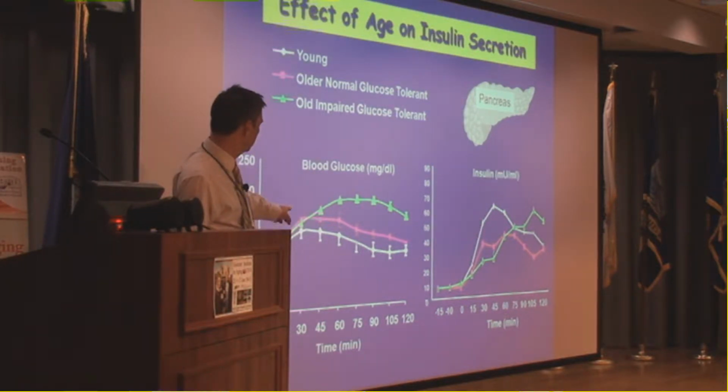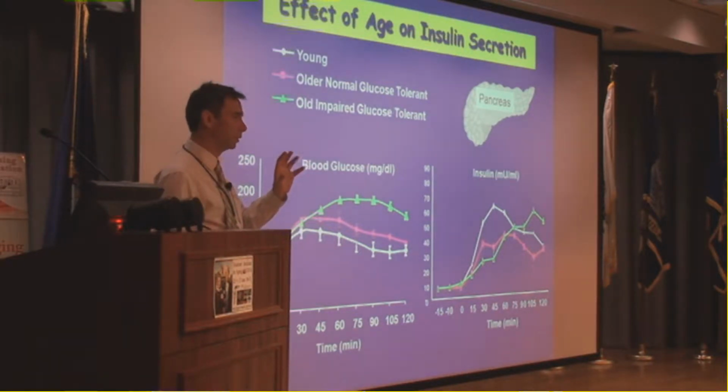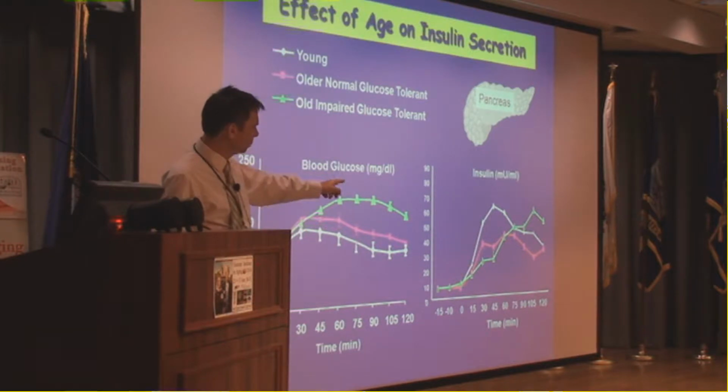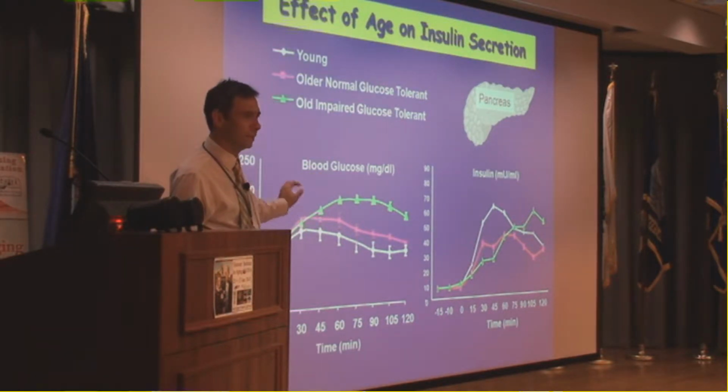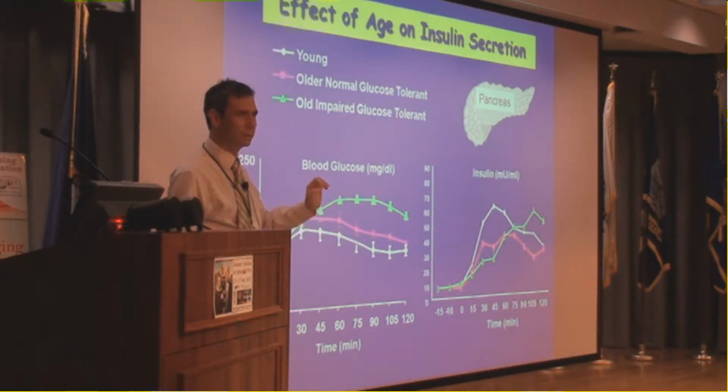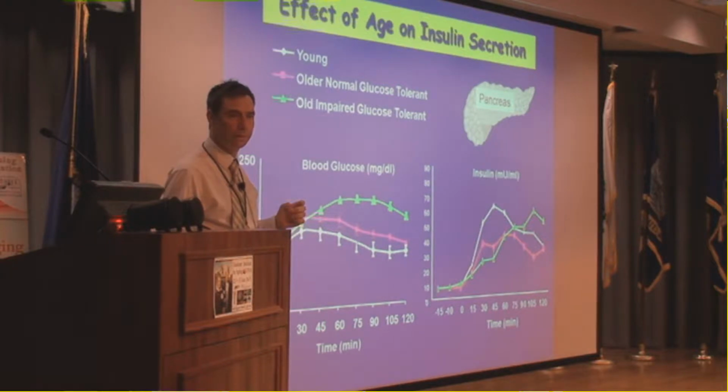So you can see the glucose obviously starts to rise with the load of sugar. And then look at those beta cells to your right in white. They detect that the glucose level is increasing, and boom, they send a big burst of insulin.